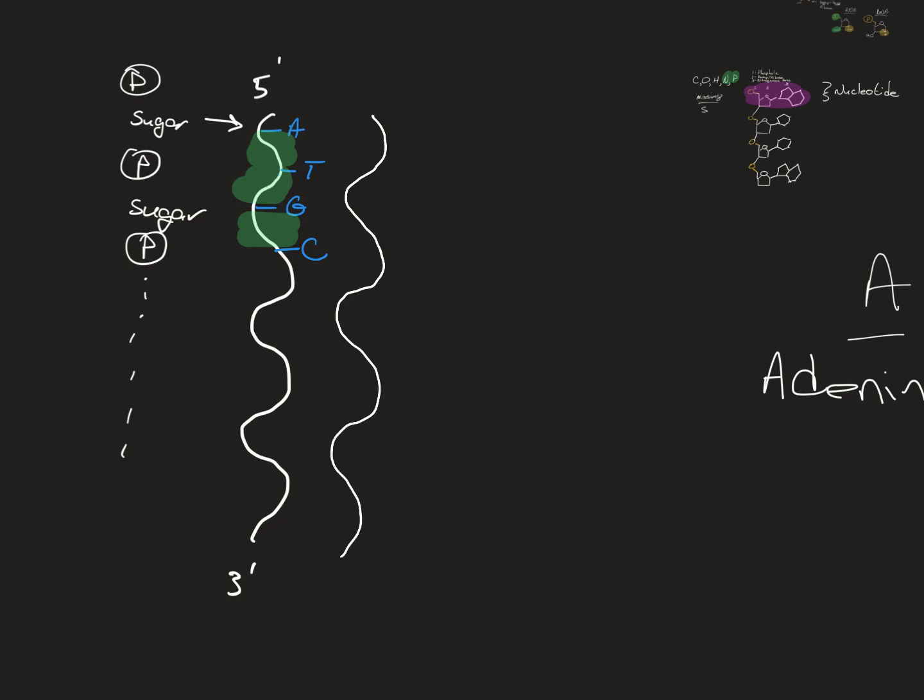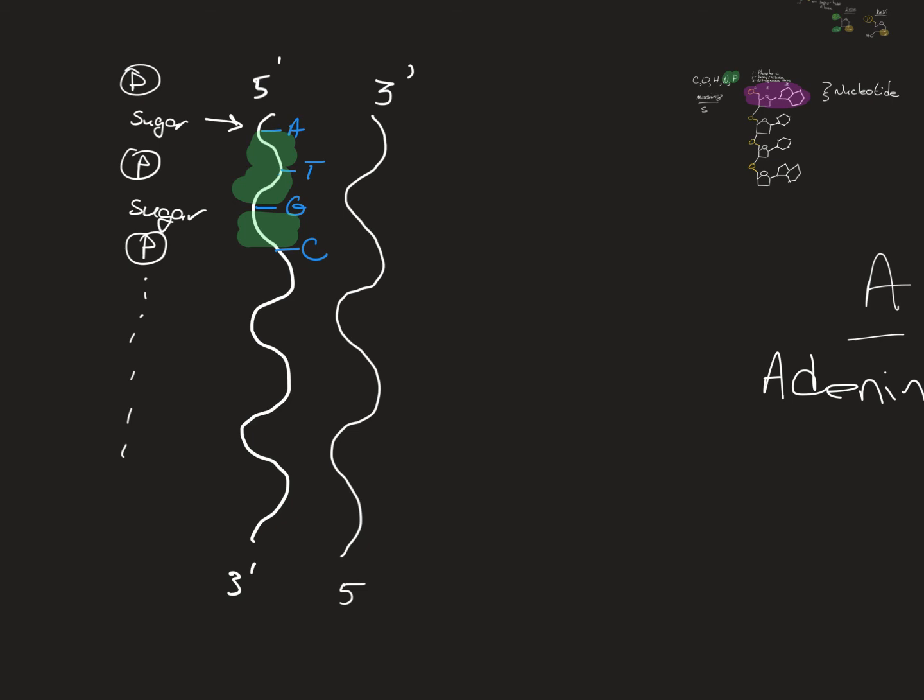It's a 3'. The other has to be anti-parallel. Anti means opposite. So where you see a 5 here, the opposite must be 3. They have to be parallel, which means next to each other, and they have to be anti, which means the 5 and 3 have to be on opposite sides.